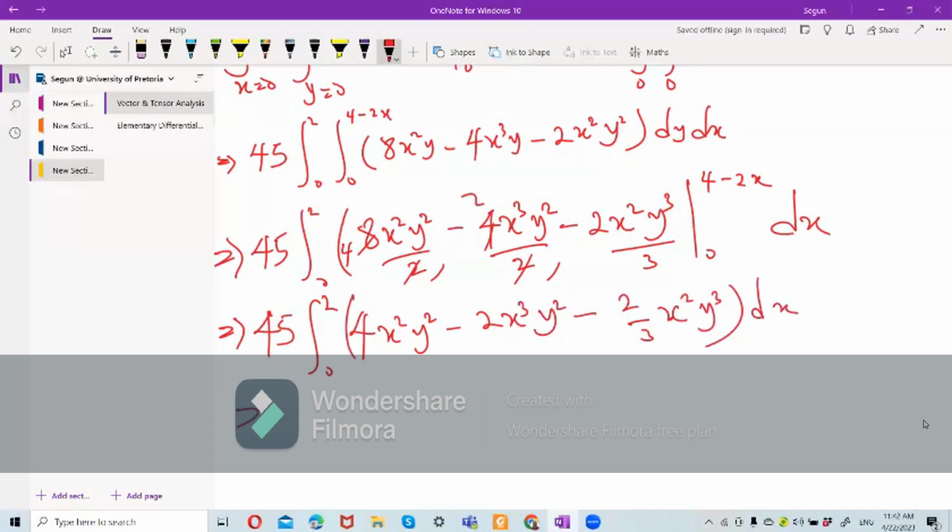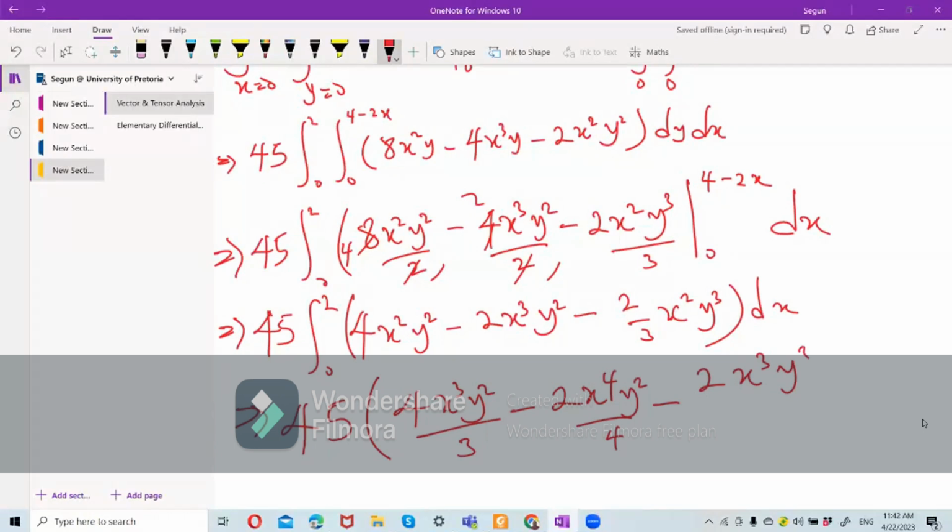So you can see it's simple for us now to integrate the same thing. 45. Let's integrate with respect to x now. You have 4x cubed y squared over 3 minus 2x to the 4 y squared over 4 minus 2x cubed y cubed over 3 times 3, 9.